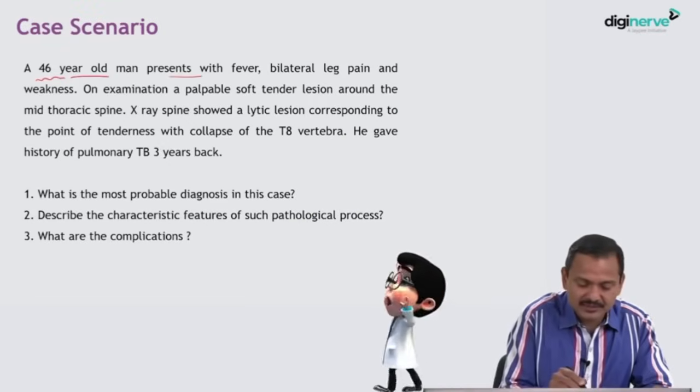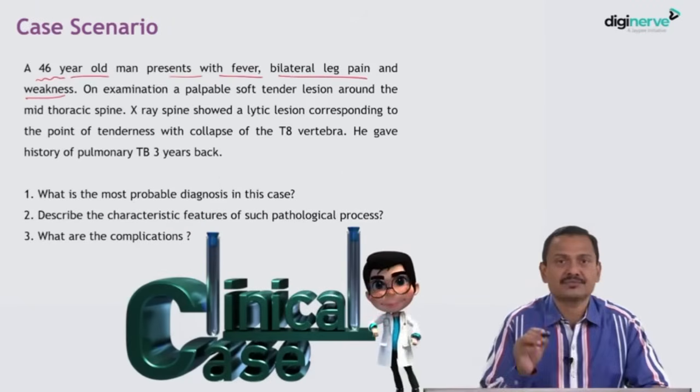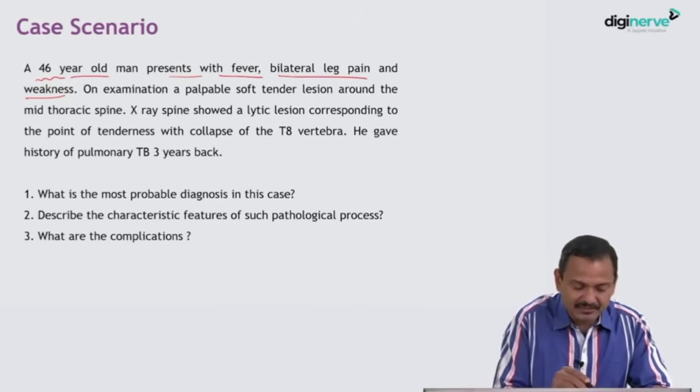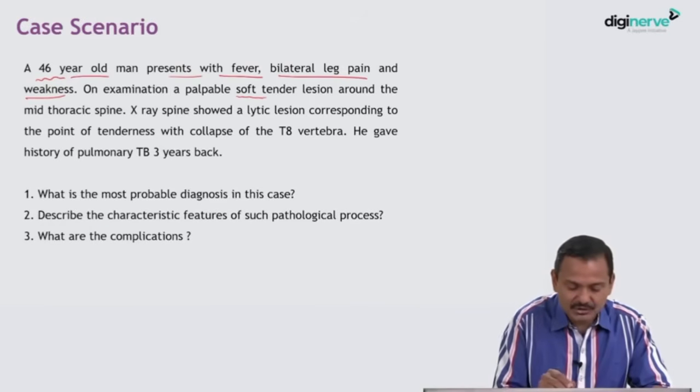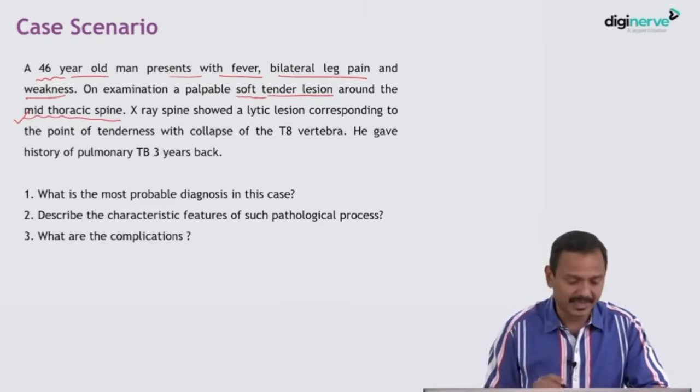Now with that we will continue to the next case scenario, that is a 46-year-old man presents with fever, bilateral leg pain and weakness. Okay? On examination there is a palpable soft tender lesion around the mid-thoracic spine along the back.